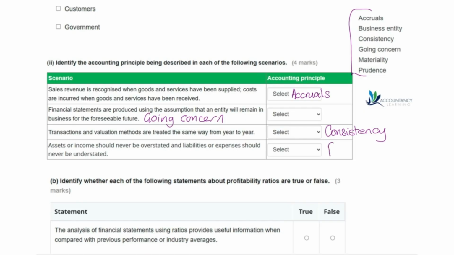So this is the principle of prudence. So we are always working on the basis that we never overstate our income because we might not get it, and we never understate our expenses because there could be more there.